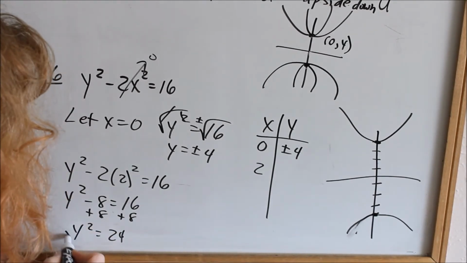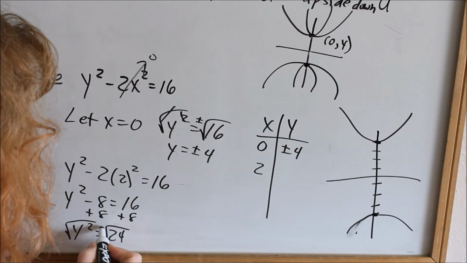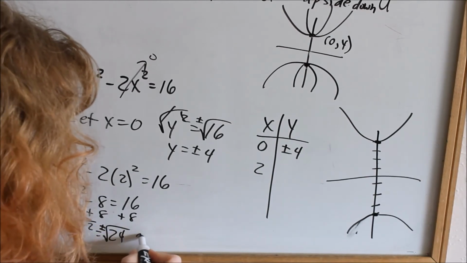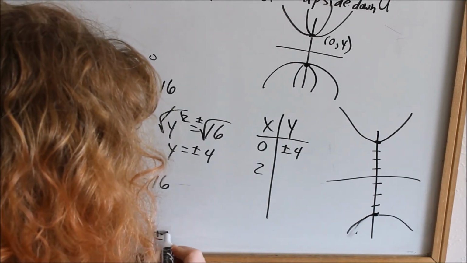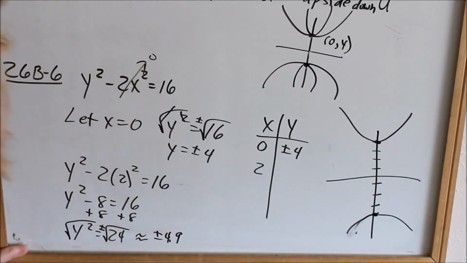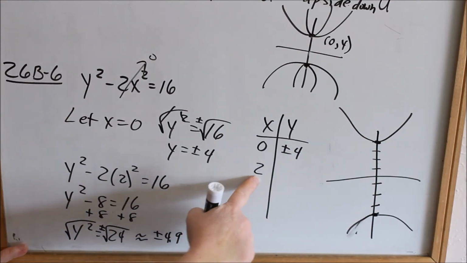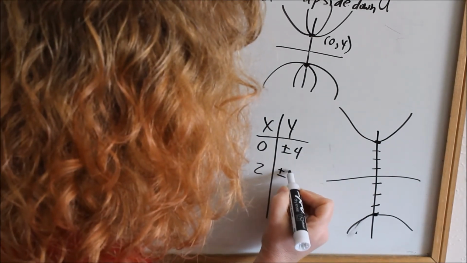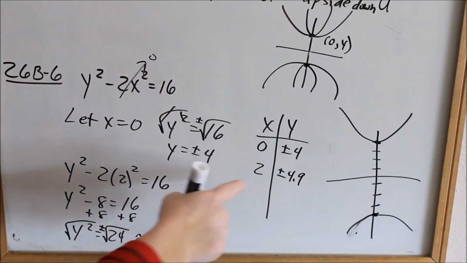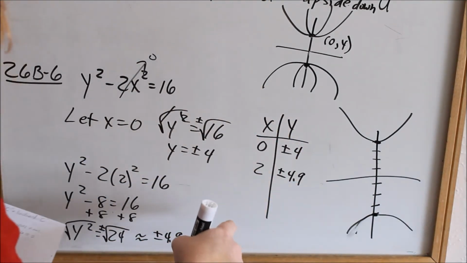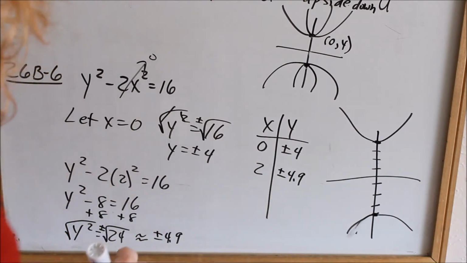Taking the square root of both sides, put a plus or minus in front. In my calculator, the square root of 24 is roughly 4.9. So when x equals 2, I got plus or minus 4.9 for my y value. And so I can plot that point to look more specifically at what my graph is doing.